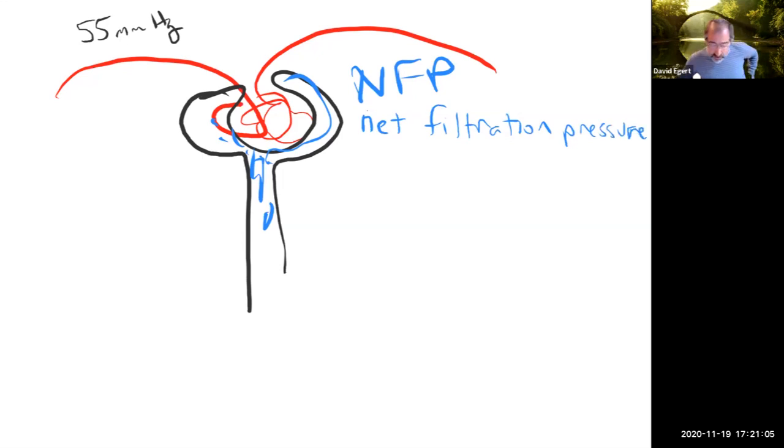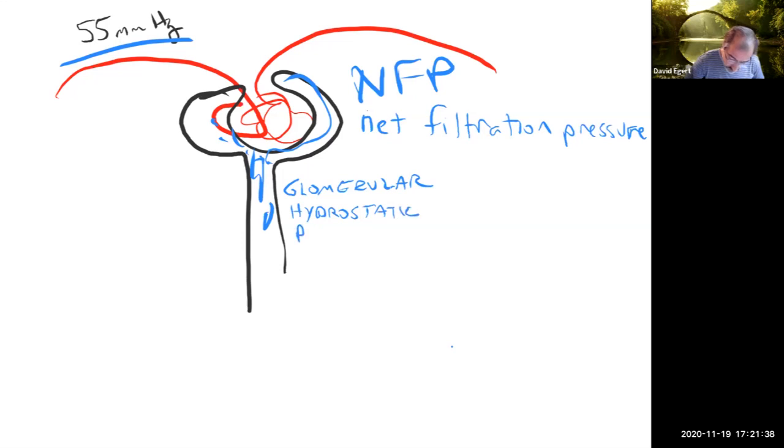So net filtration pressure is what's ultimately driving the filtration. The main driver, like I said, is this glomerular hydrostatic pressure, which I said is usually about 55 millimeters of mercury.